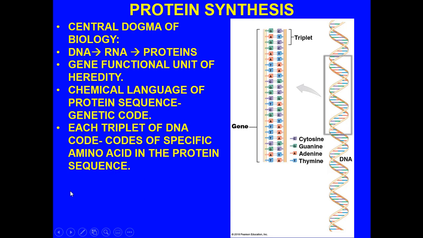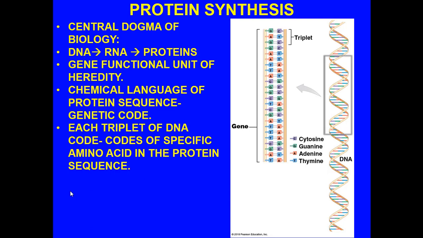Now, there is a concept called the central dogma of biology, and it goes like this. DNA leads to RNA, which leads to proteins. The information equals the protein sequence, the sequence of amino acids that make up the protein.